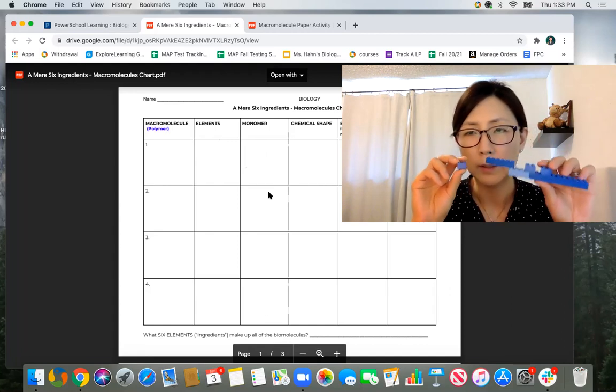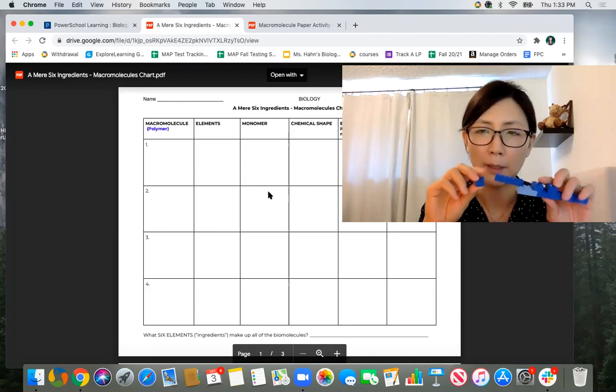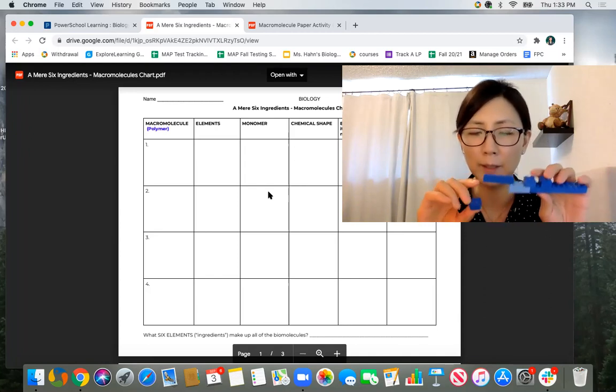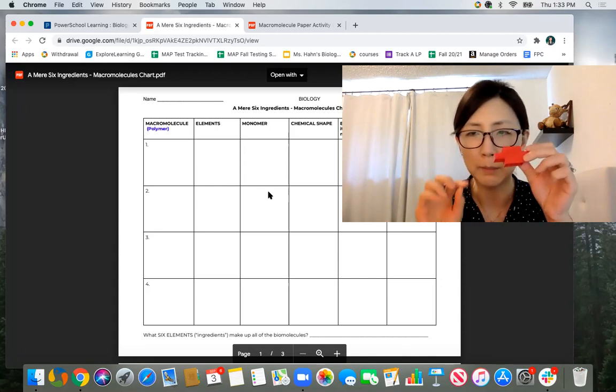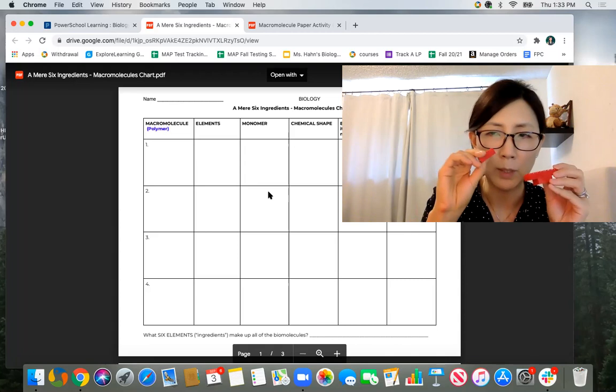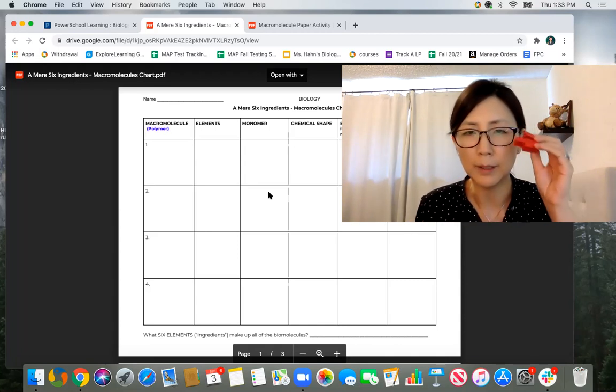So carbohydrates are made out of monomers. Sometimes there's 2 of them, sometimes there's 3 of them, sometimes there's a lot of them, and they make up carbs. Same thing, proteins are made out of monomers. So this would be 1 amino acid, but then when you link them together, we call it a protein.